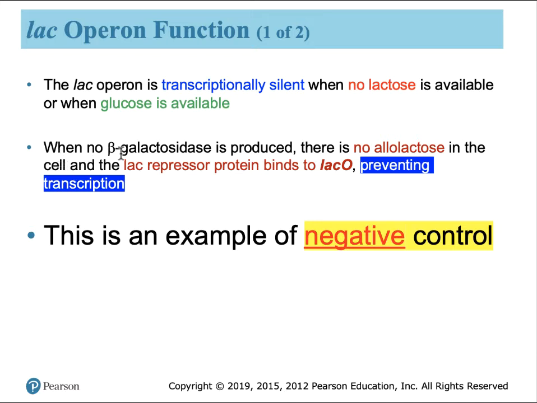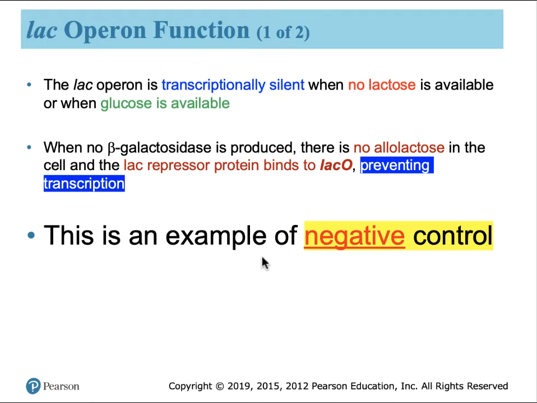So when no beta-galactosidase is produced, there is no allolactose inside the cell. And the LAC repressor protein, remember it has 2 binding sites, it binds only to the LAC-O on the DNA, therefore blocking RNA polymerase from being able to get through that region of the regulatory zone.